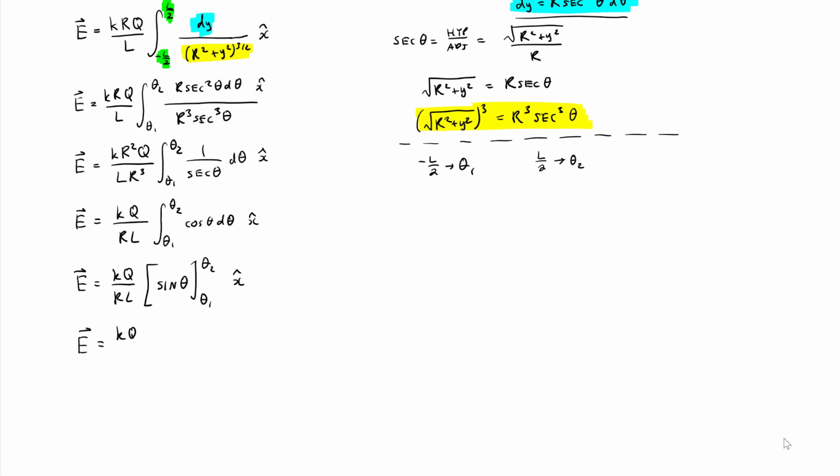So let's solve. This is sine of theta 2 minus sine of theta 1. And just remember, we haven't defined theta 1 or theta 2 yet, so we're going to have to do that next.